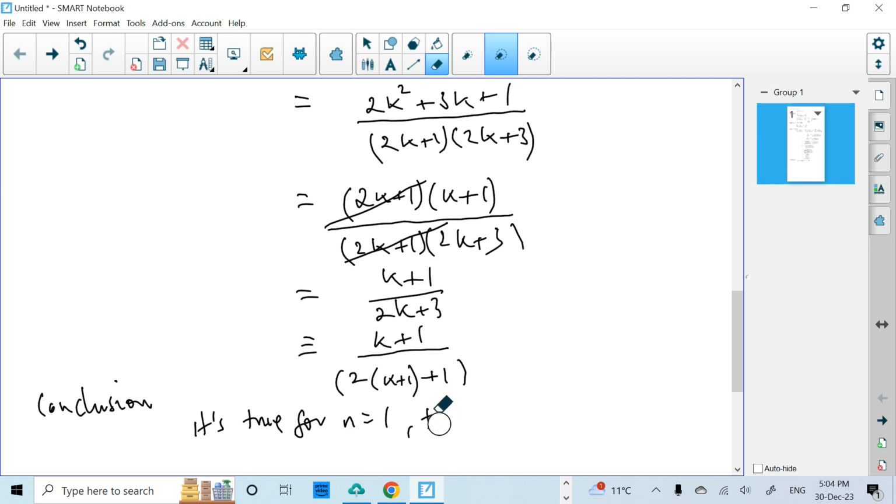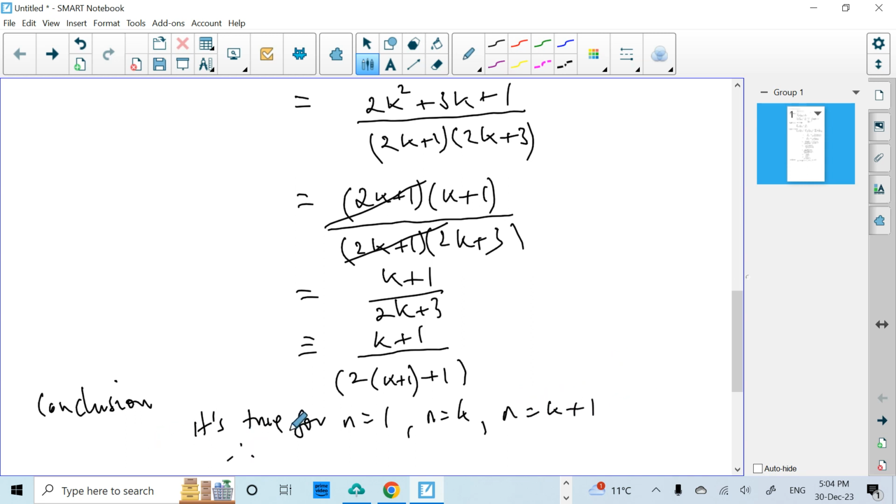True for n is equal to 1, and then I can just write n is equal to k, and finally n is equal to k plus 1.